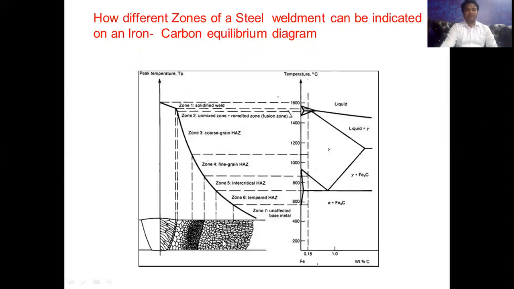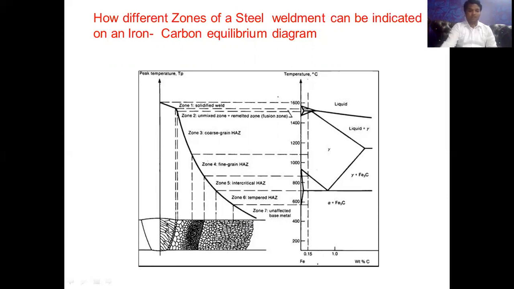Here we can see the microstructure of the weld metal of different zones. This is particularly for the microstructure of a steel weldment, which is being compared with the iron carbon equilibrium diagram. So here we have 7 different zones.